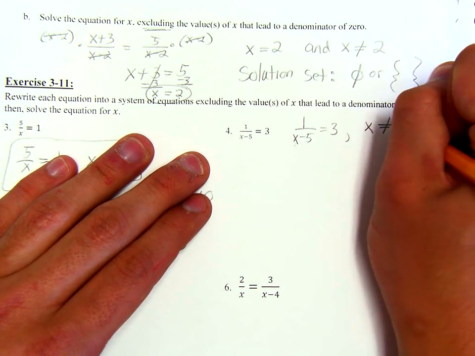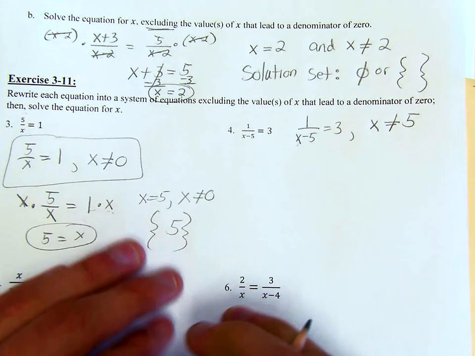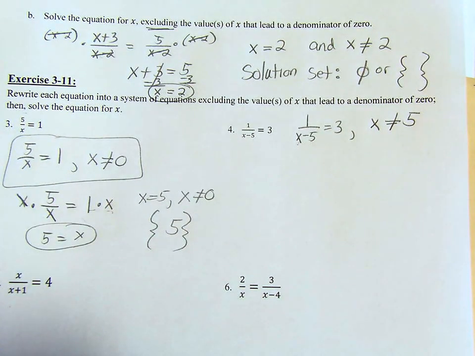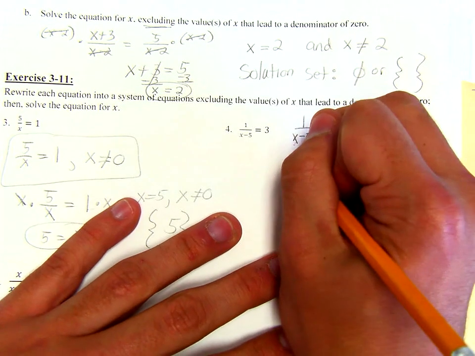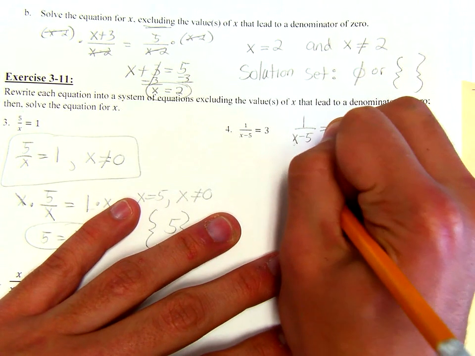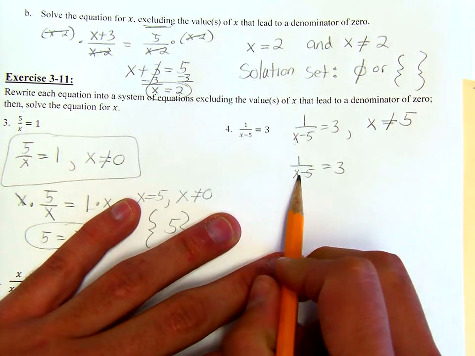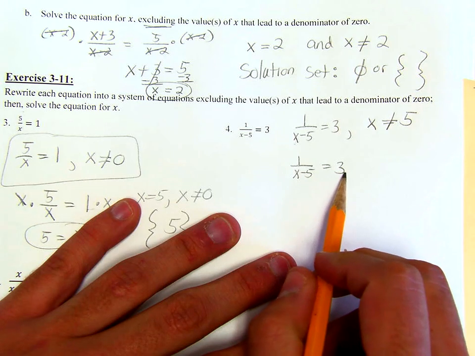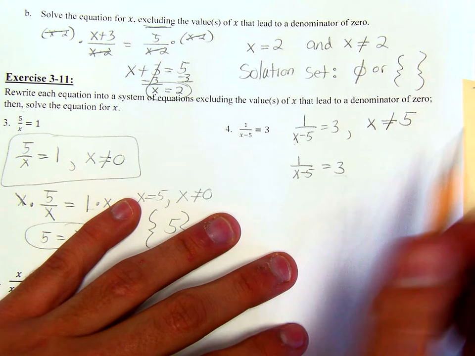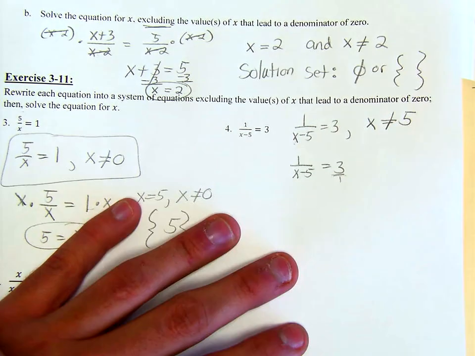So now what we're going to do is we're going to go through and solve our equation. So if we have 1 over x minus 5 is equal to 3, on both sides we're going to multiply by a common denominator. And since this denominator is just 1, because we could say this is 3 over 1, we're going to multiply both sides by x minus 5.